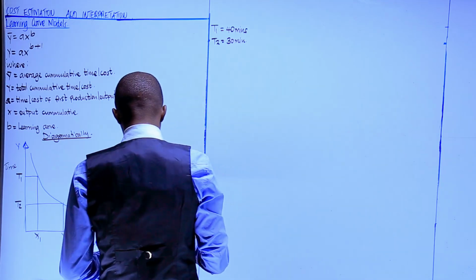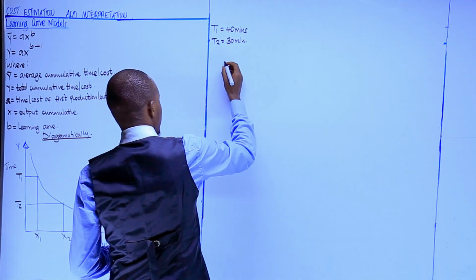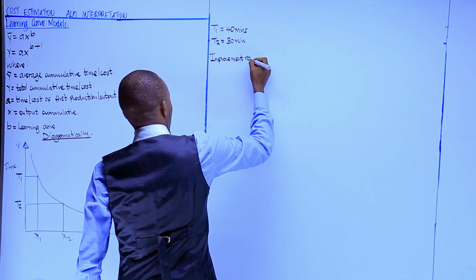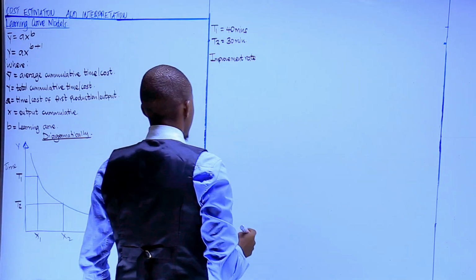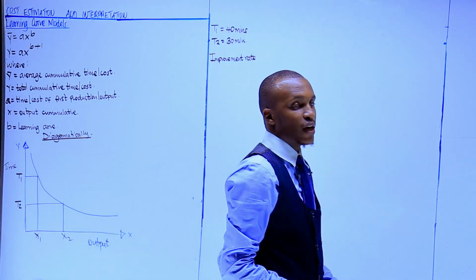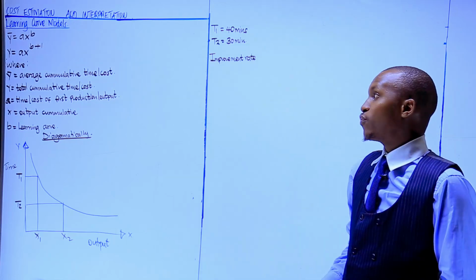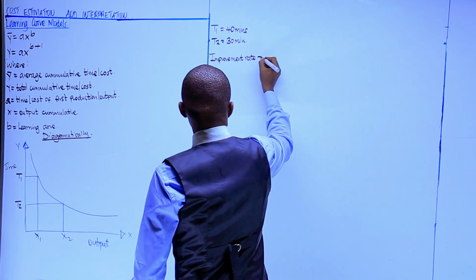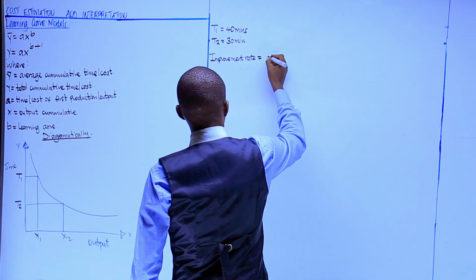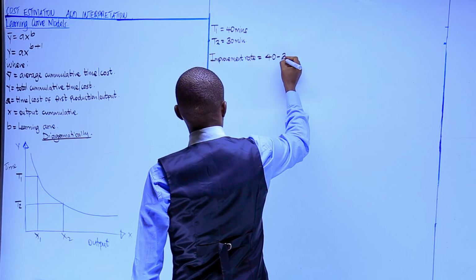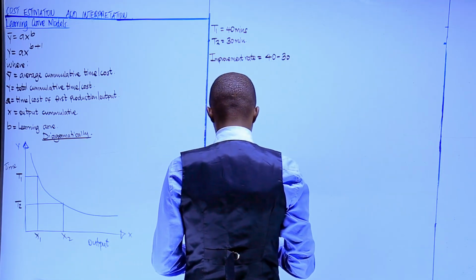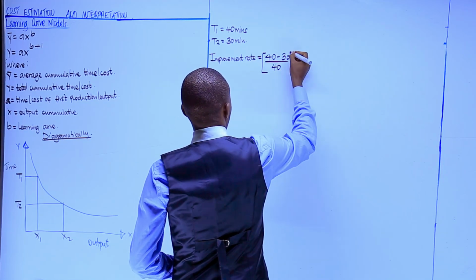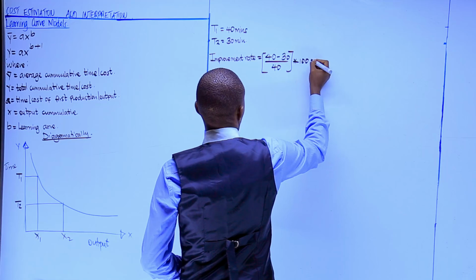Then your improvement rate, which is the rate by which we have improved, is 40 minus 30, divided by 40, multiplied by 100.